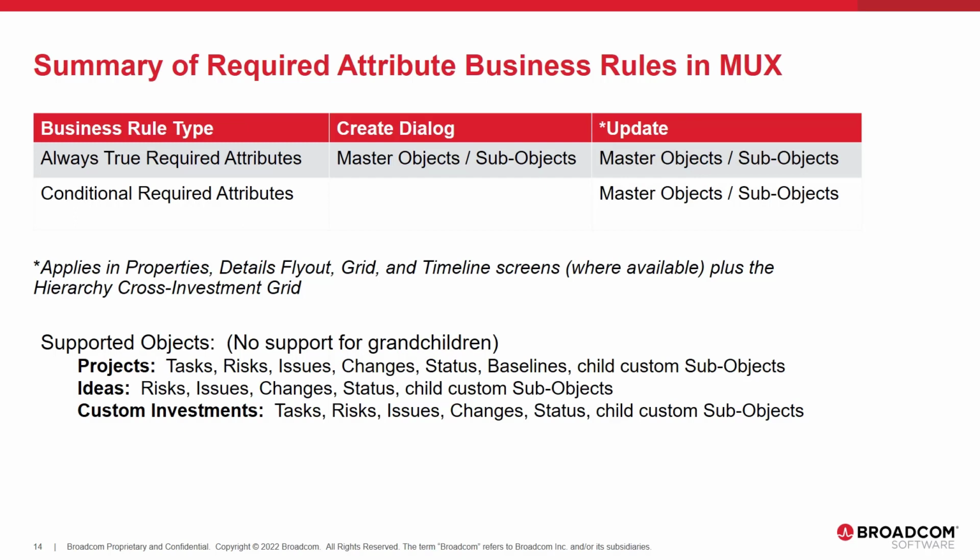So you can see that the always true required attributes rules apply to both master and sub objects for both the create dialog and the update experience. And conditional required attributes do not apply in the create dialog, but they are supported in the master objects and the sub objects during update.